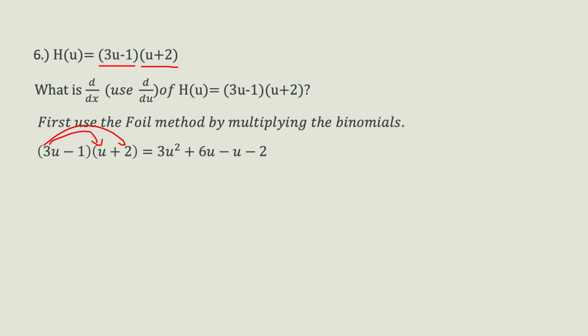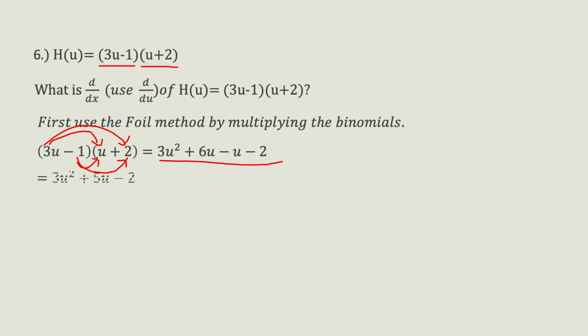Then we multiply minus 1 times u, so we get minus u. And then minus 1 times 2, so we get minus 2. So we have 3u squared plus 6u minus u minus 2. By simplifying, we get 3u squared plus 5u minus 2.